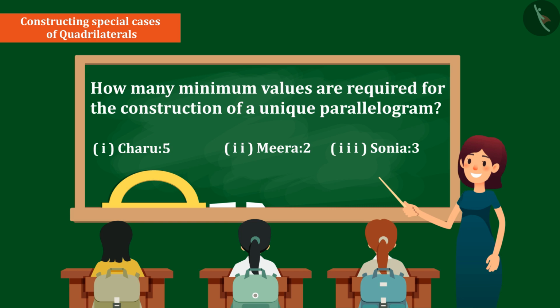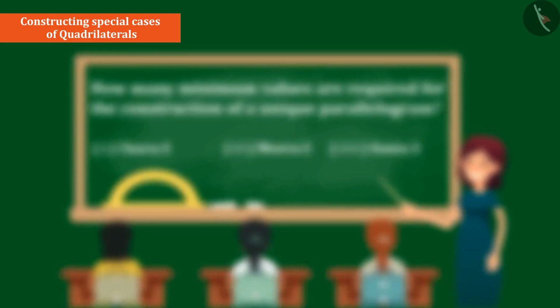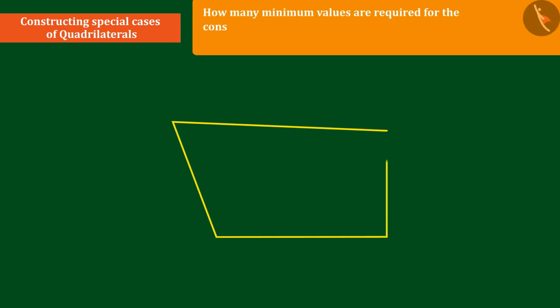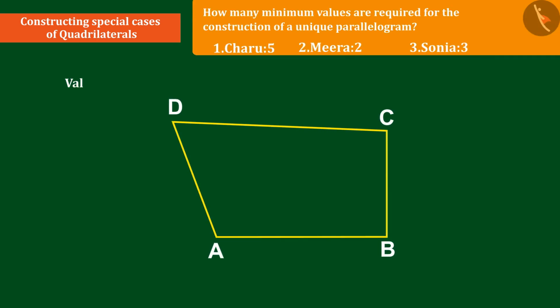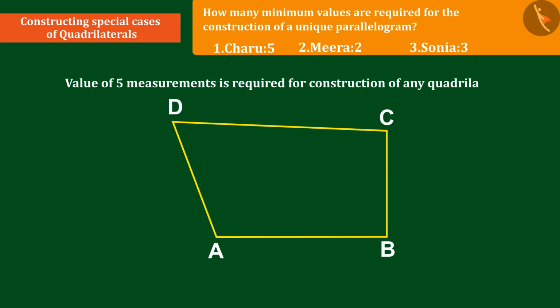So let's see why Charu would have chosen option 1. As we have been reading from the beginning, the construction of any quadrilateral requires the value of 5 measurements, which are as follows.